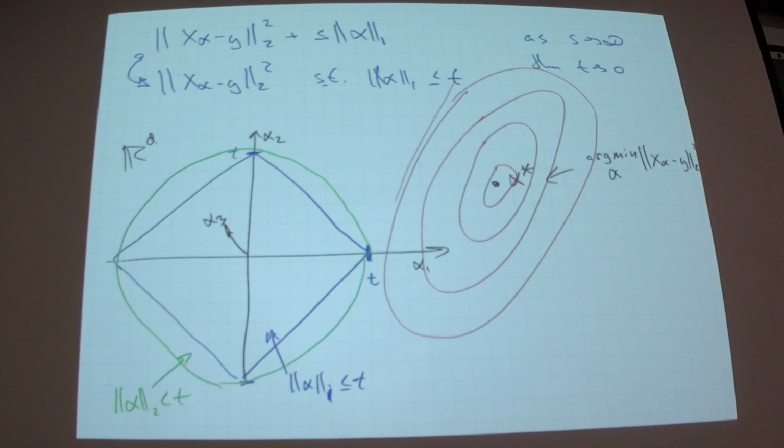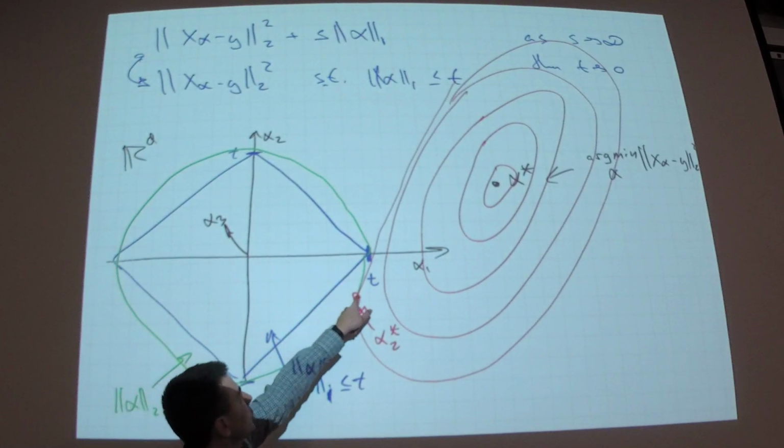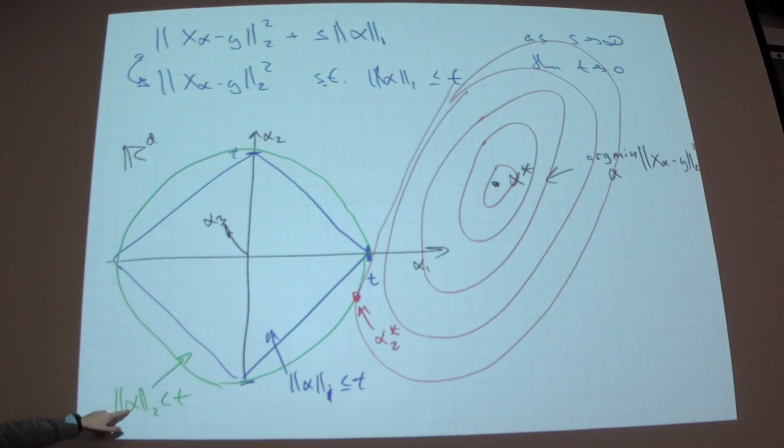Okay, so if I draw this very carefully, this will end up being the solution for alpha 2 star, right? So this will be the minimum cost solution that is going to satisfy this L2 constraint.